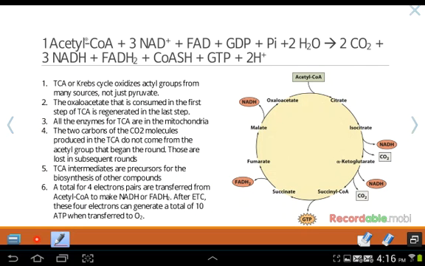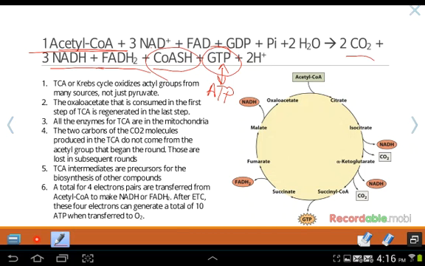Overall, 1 acetyl-CoA that comes through the citric acid cycle, plus 3 NAD+, an FAD, a GDP, an inorganic phosphate, and 2 molecules of water are converted into 2 molecules of CO2, 3 molecules of NADH, 1 molecule of FADH2, a molecule of CoASH, GTP, which can also be ATP, and 2 acidic protons.